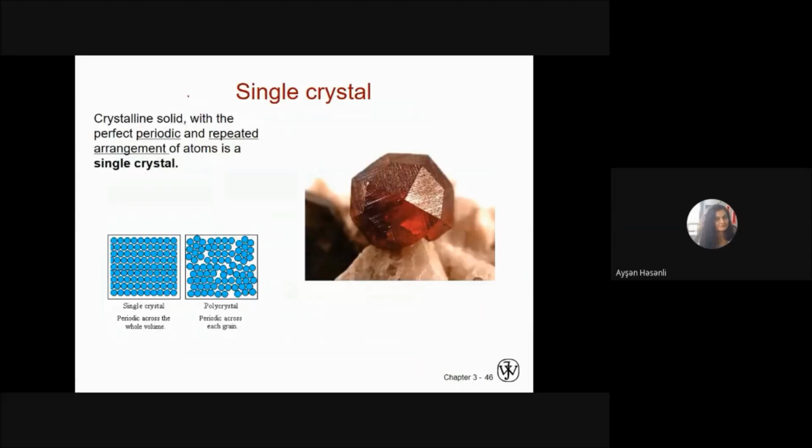Now, we have single crystals, polycrystals, and amorphous materials. For single crystal, the atomic arrangement is perfectly periodic and is repeated without distortion. What is this? If you look at this picture over here, if you compare with this one at the right, as you can see the difference, this one is periodic.